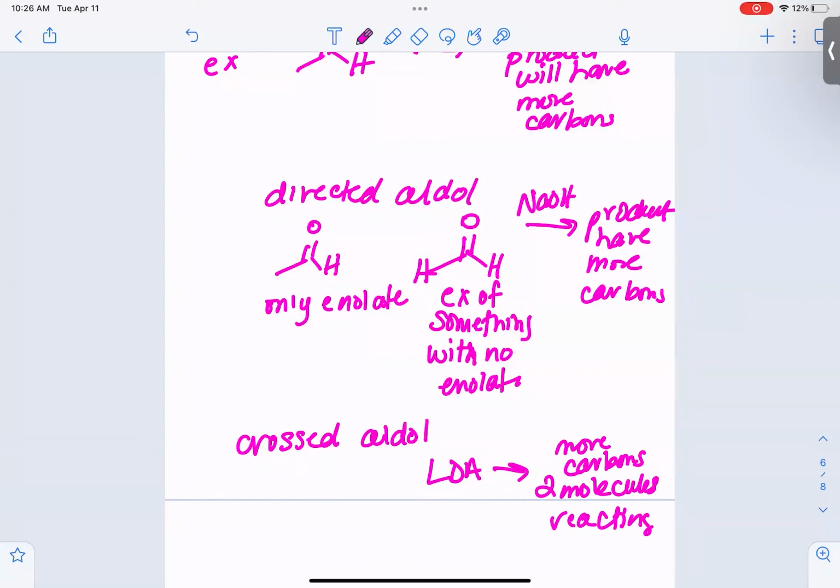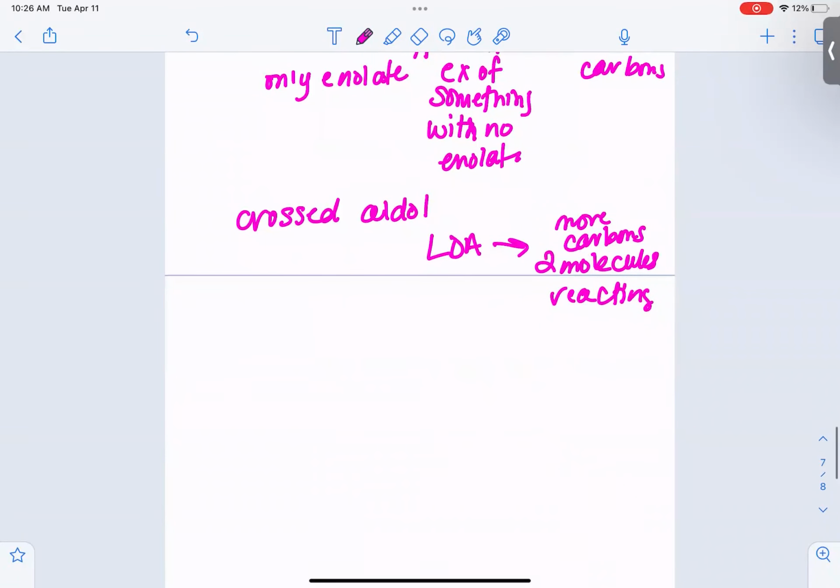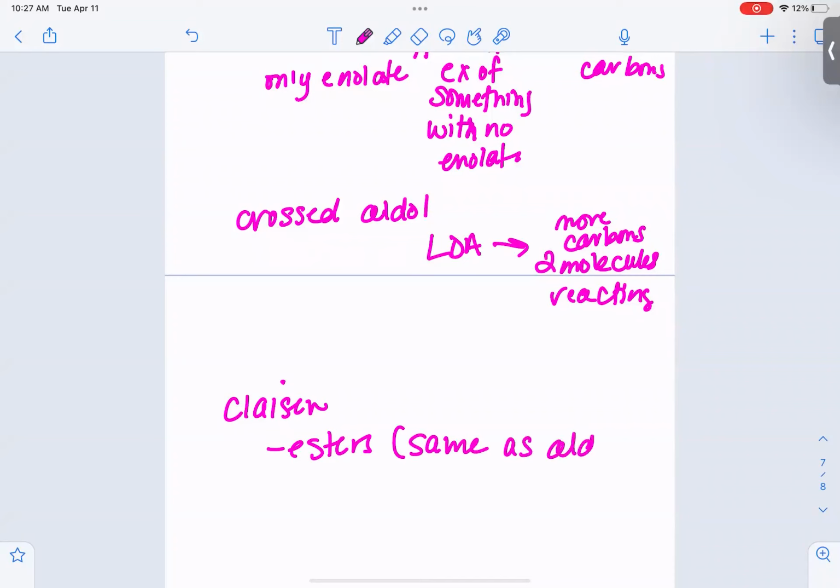So those are your aldol mechanisms. Then you had your Claisen, and it was the same thing, but with esters. But no dehydration.